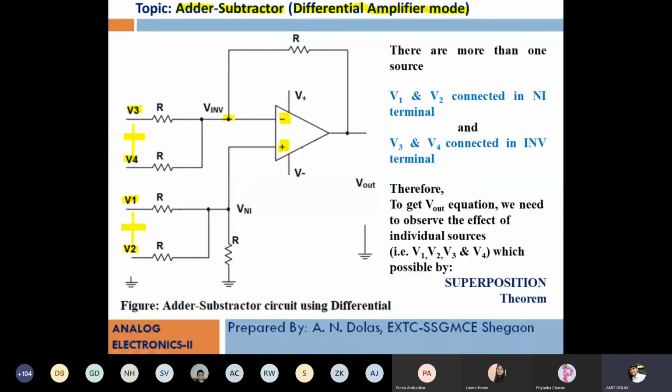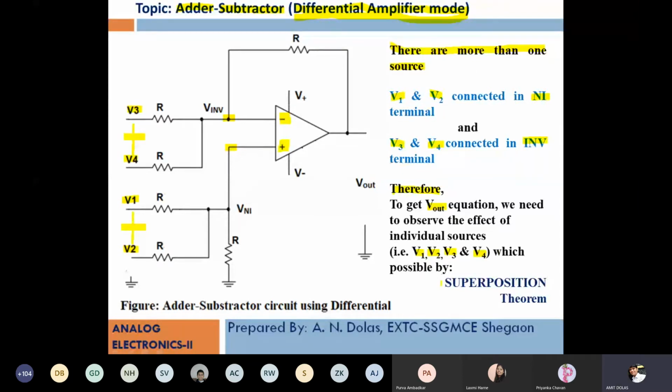Here you can see V1 and V2 are connected to the non-inverting terminal, V3 and V4 connected to the inverting terminal. Therefore, to get the output equation V out, we need to observe the effect of individual sources, that is V1, V2, V3 and V4, which is possible only by using the superposition theorem.